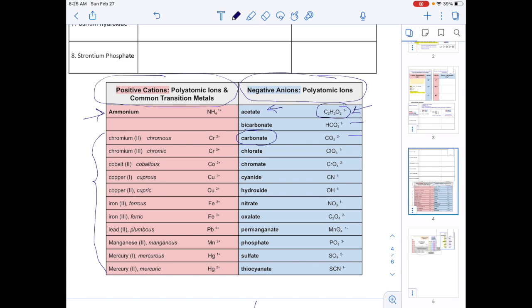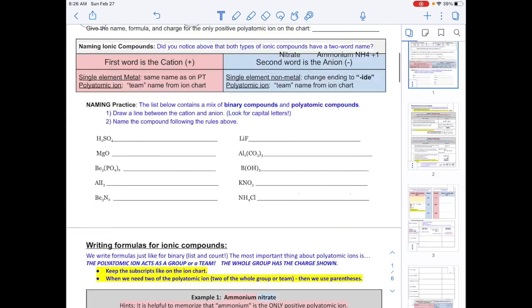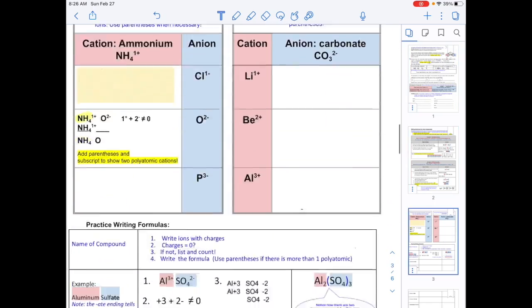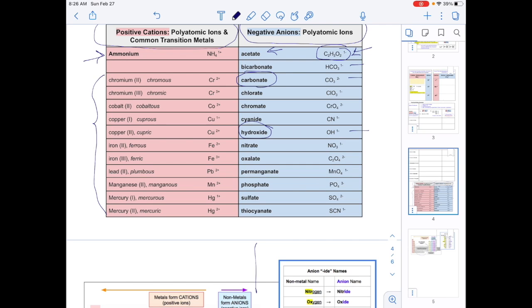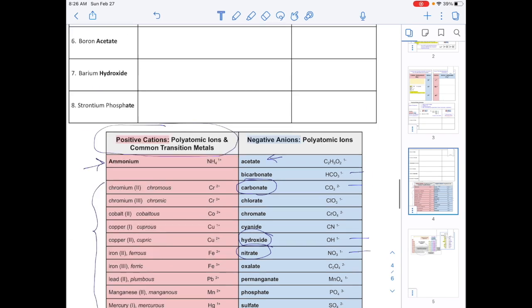And then I was looking for OH. There it is, hydroxide. And I think the last one on that list, I'm going to have to look. I don't remember. Oh, NO3. And so there's NO3. Those are three that are pretty common. Okay, so I'm going to type those in and you should do the same.